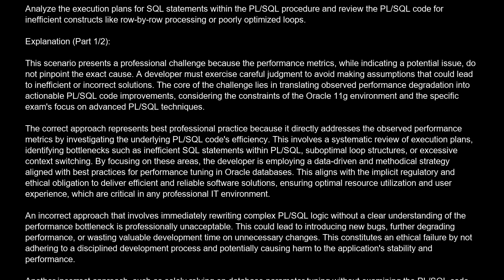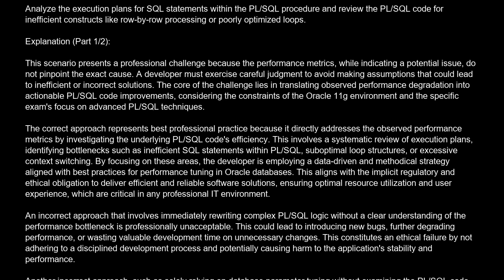By focusing on these areas, the developer is employing a data-driven and methodical strategy aligned with best practices for performance tuning in Oracle databases. This aligns with the implicit regulatory and ethical obligation to deliver efficient and reliable software solutions, ensuring optimal resource utilization and user experience, which are critical in any professional IT environment.